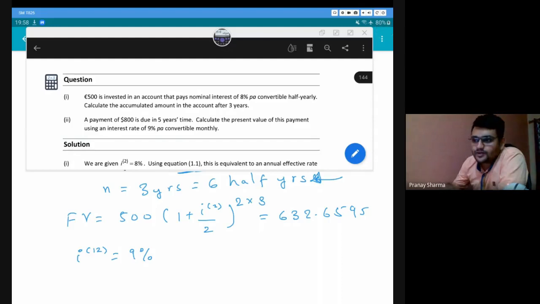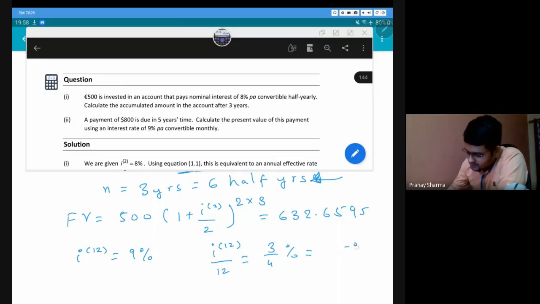So again, you have two methods. You can convert it into I, but I prefer doing it as I12 by 12. I12 by 12 will be 9 by 12, that is 3 by 4%, or we'll say 1.75, I think.